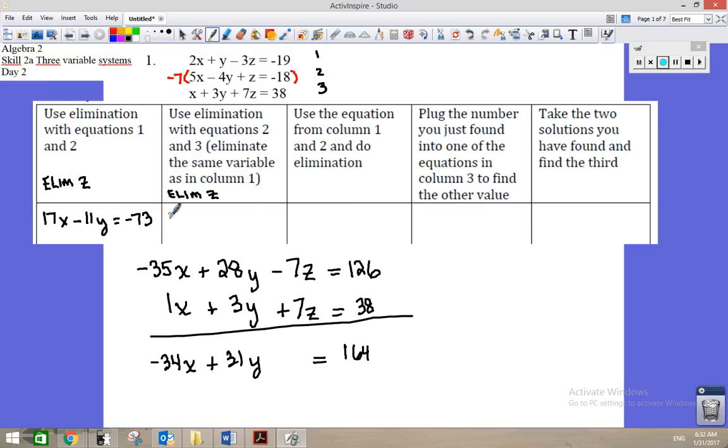Alright, so the equation that I have for here is this.